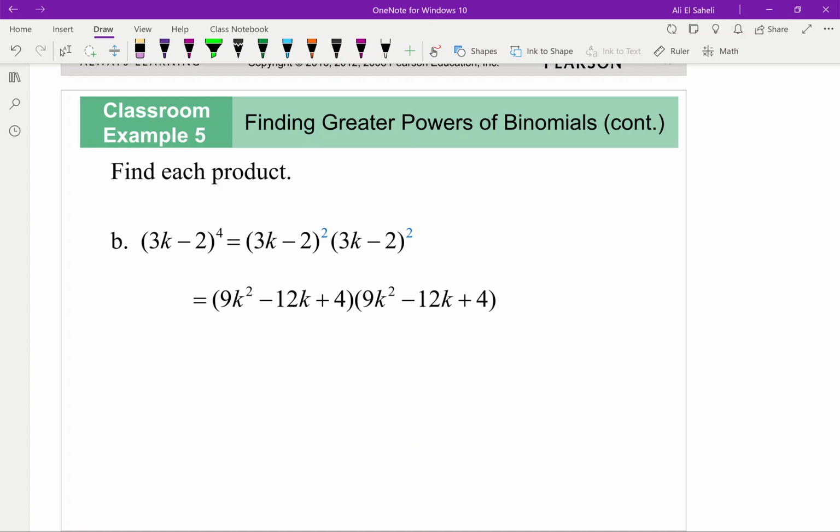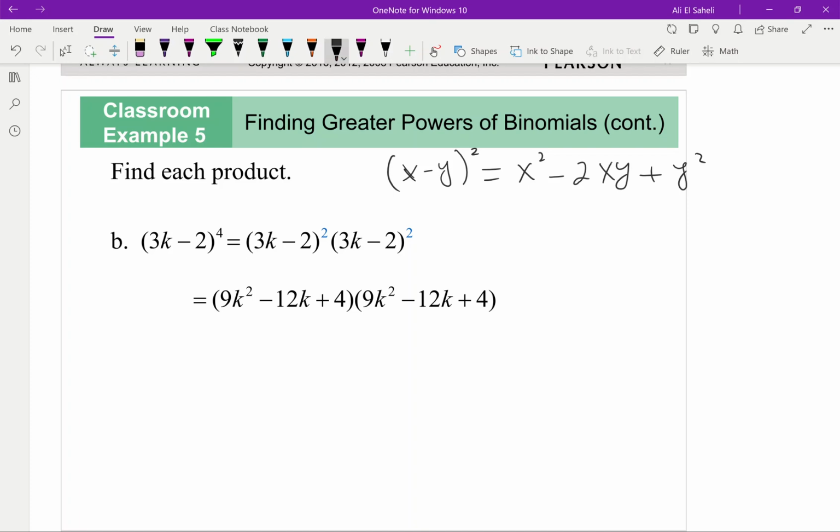Now we can apply the rule we have from before. (x minus y) squared is x squared minus 2xy plus y squared. We can apply it twice, for this and for this.